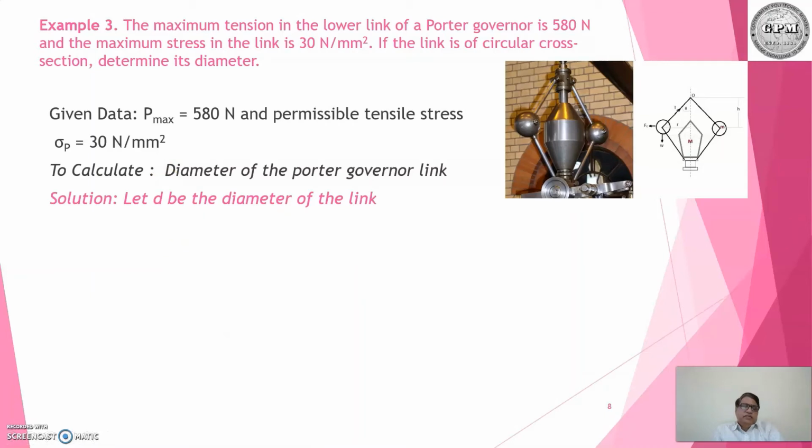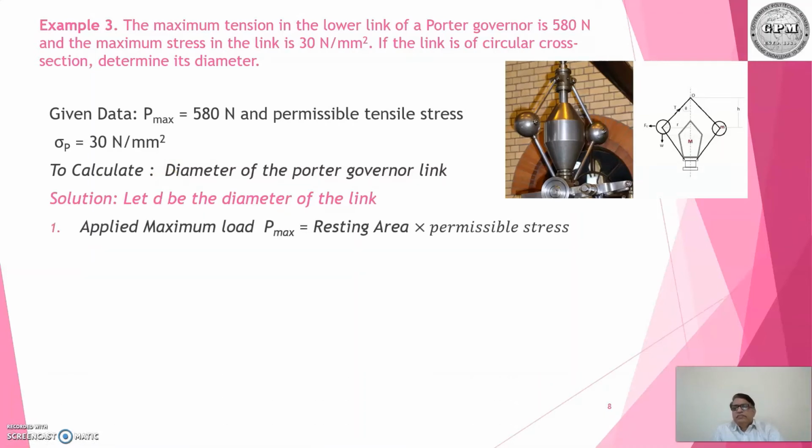Solution. Let D be the diameter of the link. Again, the applied maximum load P maximum is equal to the resisting area multiplied by the permissible stress. When this is moving in this direction, what type of stress is created? Tensile.